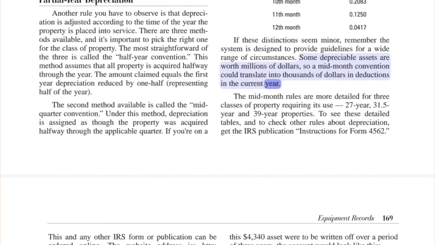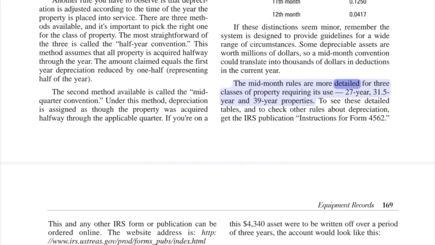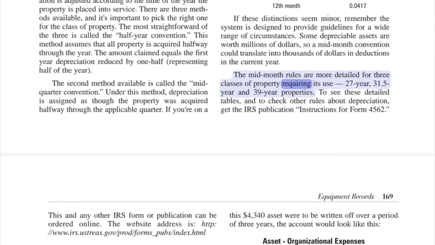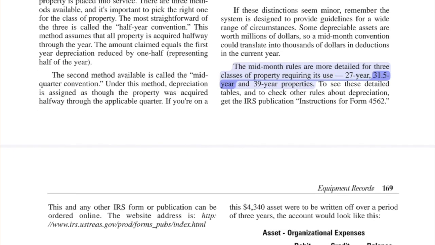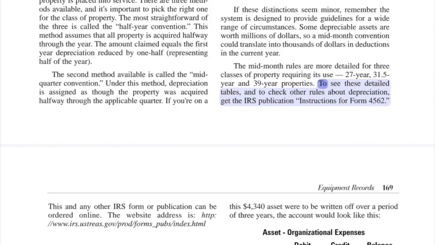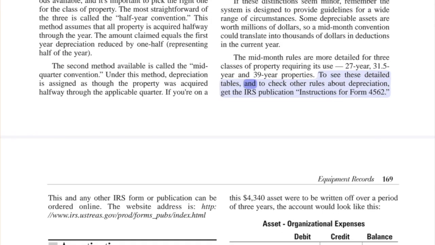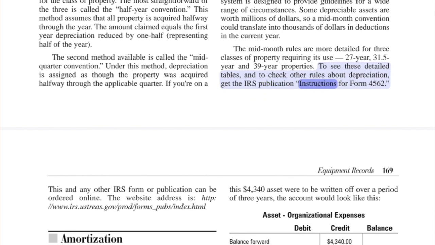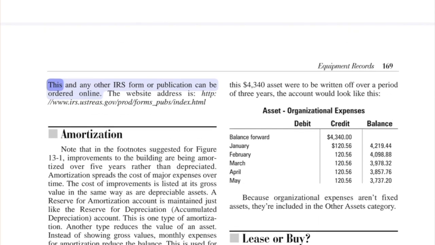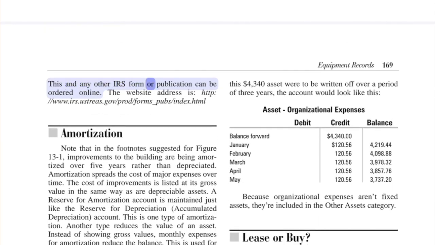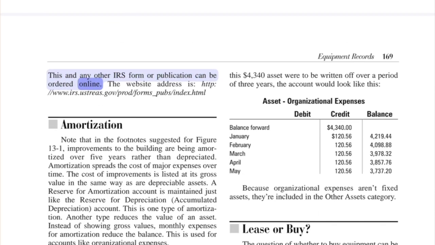The mid-month rules are more detailed for 3 classes of property requiring its use: 27-year, 31.5-year, and 39-year properties. To see these detailed tables and to check other rules about depreciation, get the IRS publication instructions for Form 4562. This and any other IRS form or publication can be ordered online.